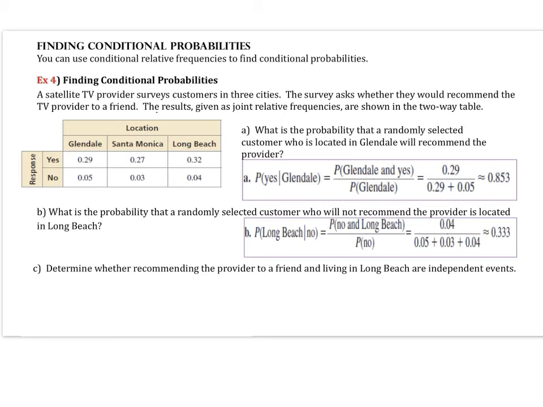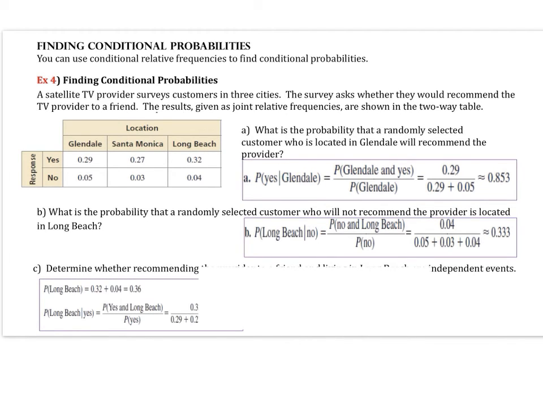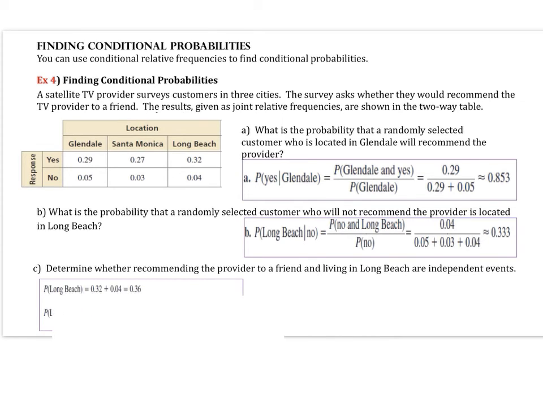Our last question is, determine whether recommending the provider to a friend and living in Long Beach are independent events. All right, so we're going to compare Long Beach, which is decimal 32 plus decimal 0.4 equals decimal 3.6. Now, let's see. We want to look at Long Beach and yes.